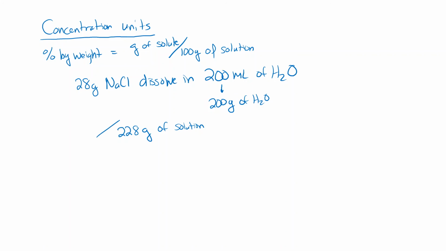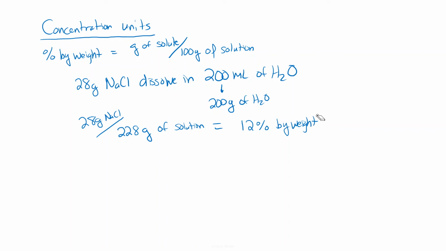Then we divide the grams of our solute by that, and what do we get? We get 12% by weight, or by mass, I should say. I shouldn't say weight, should I?